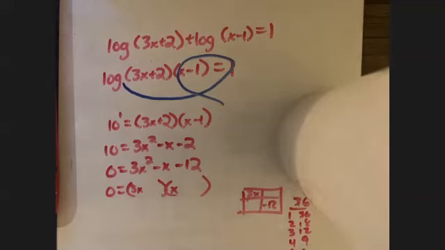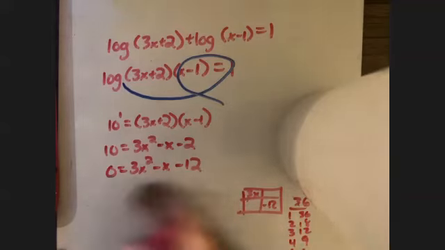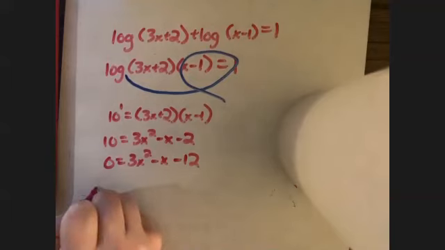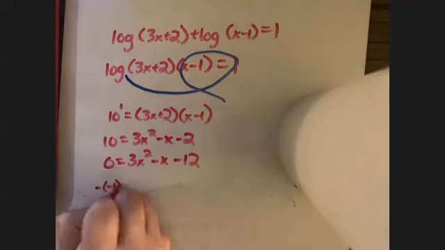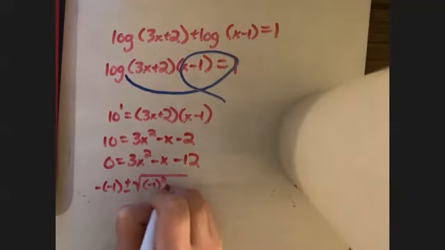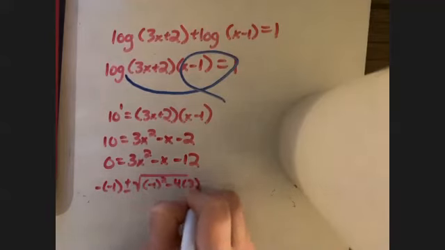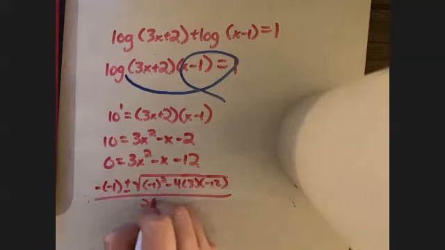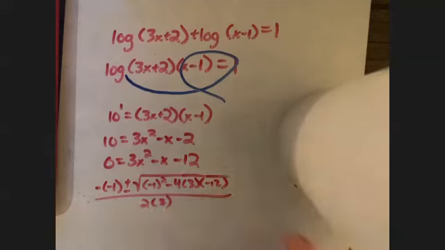Okay, this one actually won't factor. Okay. So we're going to have to go to quadratic formula with it. This will be fun. Okay, so -1 plus minus the square root of -1 squared minus 4 times 3 times -12 all over 2 times 3. So we've got 1 plus and minus.